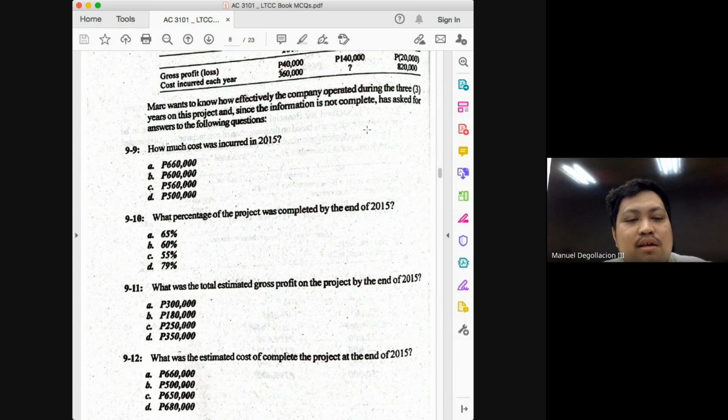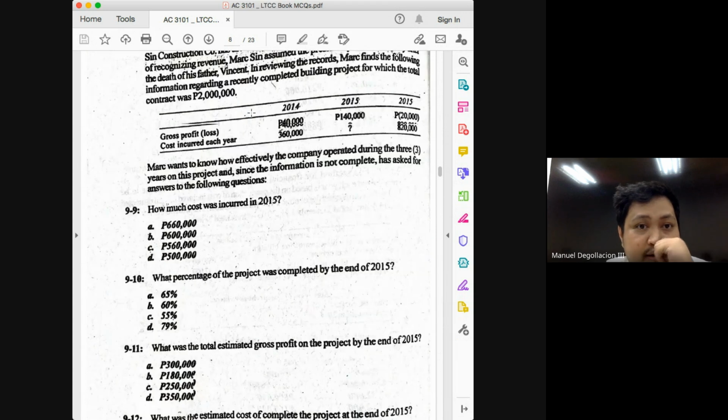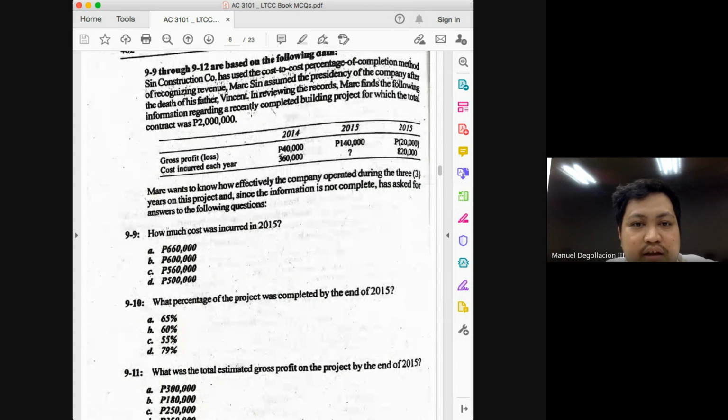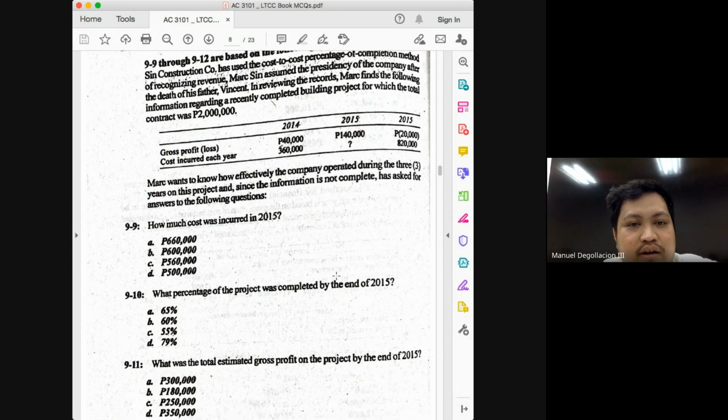Because how much was the expected gross profit, class? Total estimated gross profit is 300,000. If your total estimated gross profit is 300,000 and the contract price is 2 million, the total estimated cost must be, class, please answer. If expected profit is 300 and the contract price is 2 million, that would tell us that the total estimated cost in 2015 was 1,700,000. Okay?